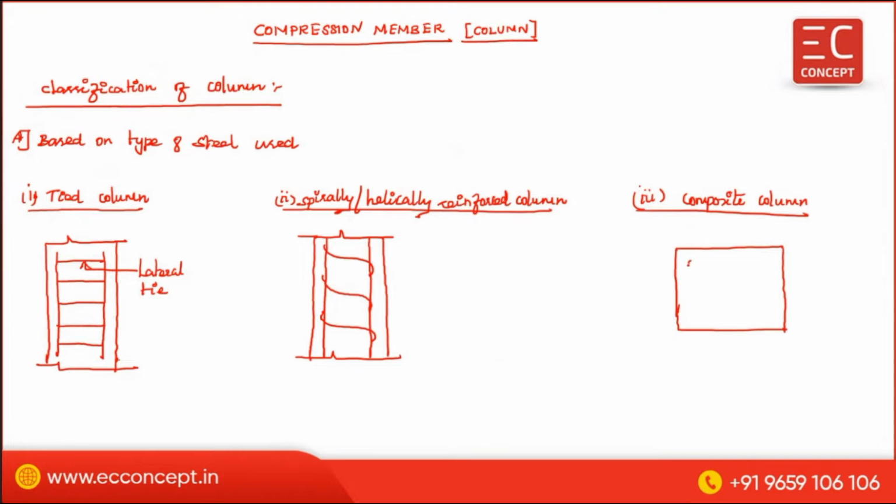So this is the cross section, and this is the composite column.